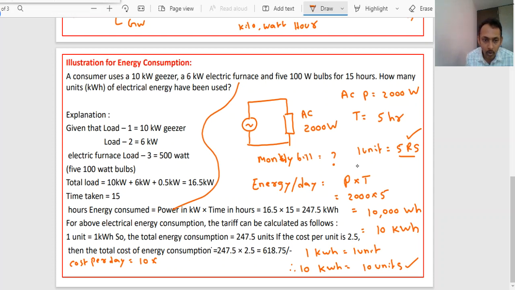I have told you 5 rupees. So 10 into 5, 50 rupees. Only for the AC you have to pay daily 50 rupees. Like that you have to understand.